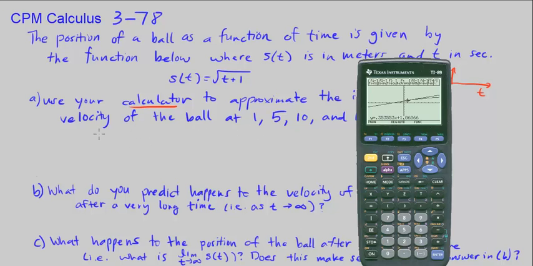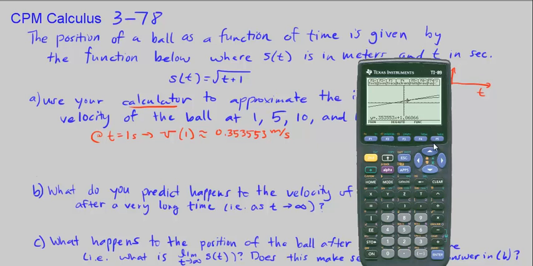So that means at time 1 second, our velocity is approximately 0.353553 meters per second. That's the slope at that point.